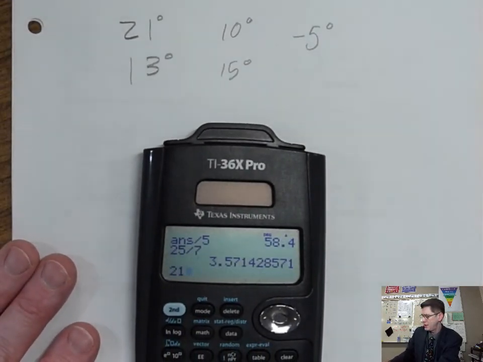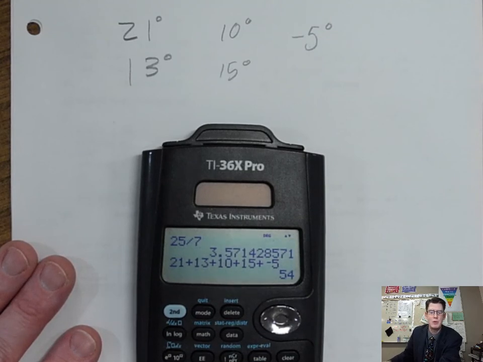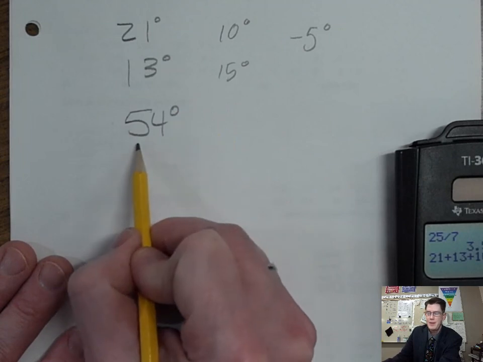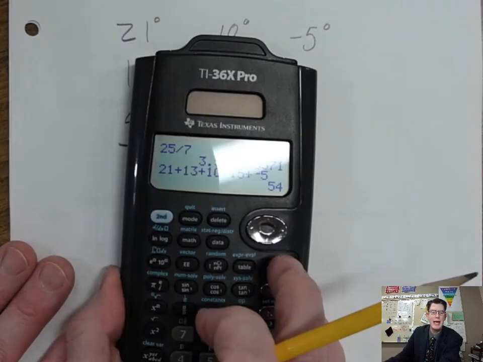So I take the 21 plus 13, 10, 15, and then plus a -5. We can do that. Not many data sets will have negative numbers in them that you'll be working with, but these ones do. So I've got 54 degrees. And then when I divide that by 5, you can see it's going to be 10 or so.